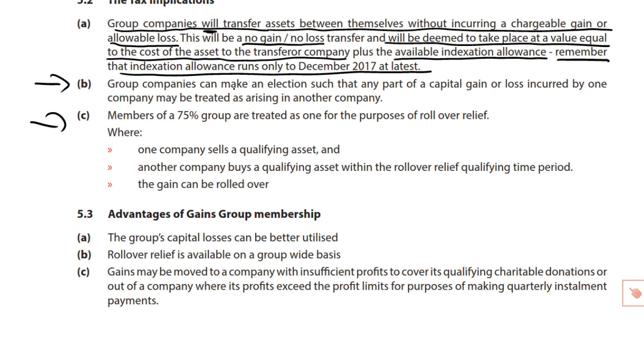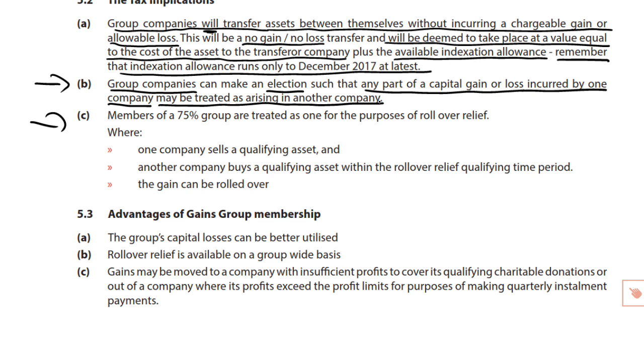But group companies can make an election, this is gains group members of course, so that any part of a capital gain or capital loss incurred by one of these companies may be treated as arising in any other gains group member.